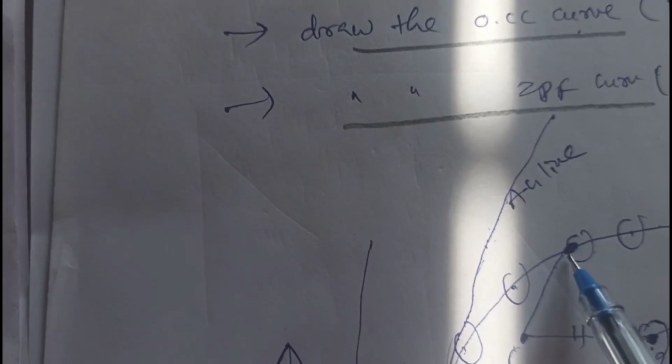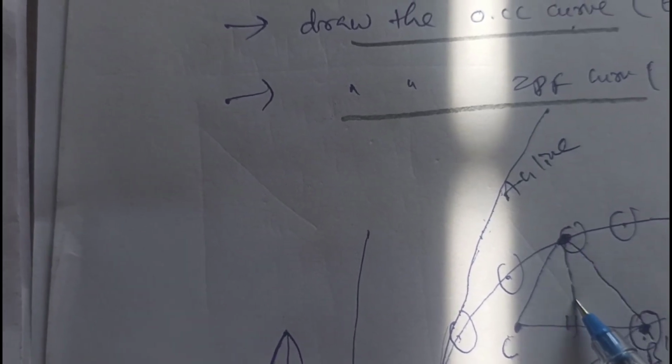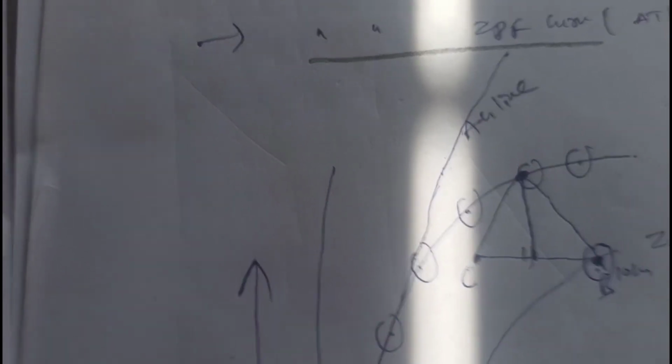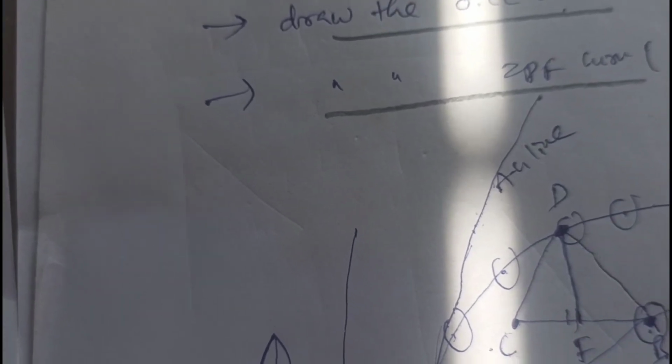Simply join these two points and draw one more perpendicular line. Then you got the Potier triangle. Here this is B, this is C, this is D, and here we indicate F. This BDF is a Potier triangle.